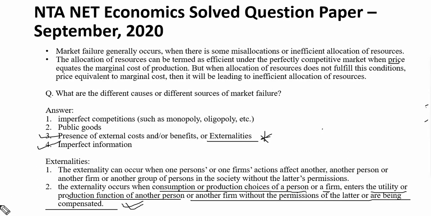Finally, there is imperfect information, right? When there is no perfect competition, there will be imperfect information.